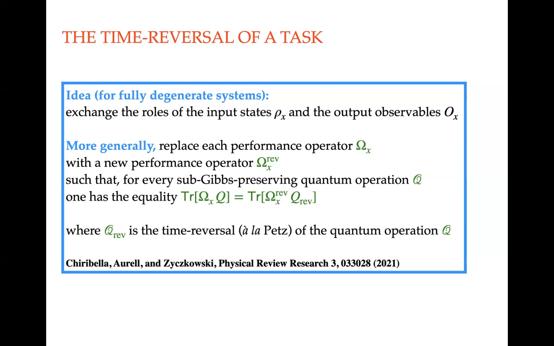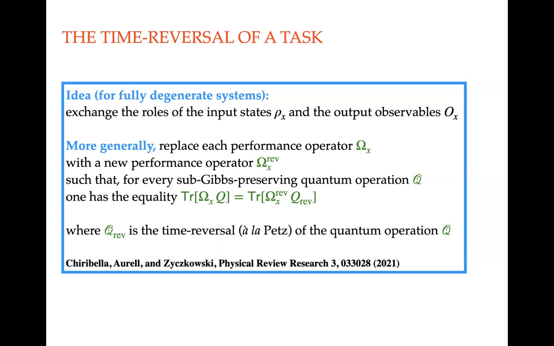So what is time reversal is basically the Petz recovery map, except that the original Petz recovery map was defined for channels that transform a state into another. Here we apply it to quantum operations, but the expression is the same as Petz's.